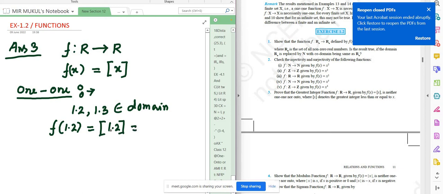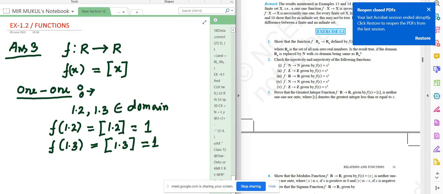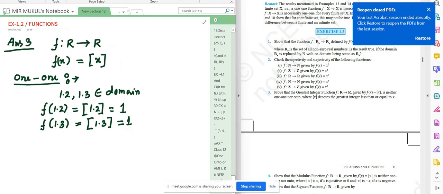Now the greatest integer of 1.2 will be what? The first integer less than 1.2. So it is 1. And f(1.3) equals the greatest integer of 1.3. This is also 1. So see, we have taken distinct elements of the domain, but we are getting the same image, right?